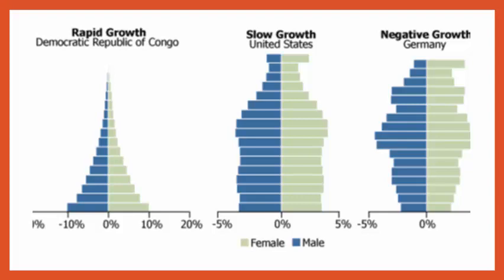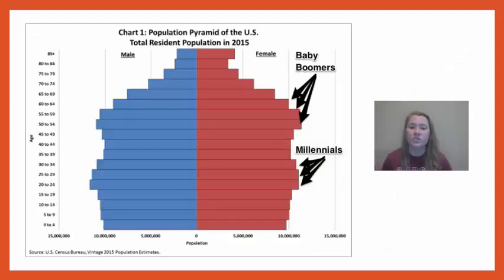So countries that have this pyramid shape are going to experience this very rapid growth for many years before things start to slow down. Now I wanted to look at just the United States, and this is a little bit more detailed image of our population pyramid. And I think it's interesting, we're able to see that baby boomer bump within our population pyramid. And those baby boomers, when they had kids, that created the millennial generation. So we see a second bump in the population pyramid.